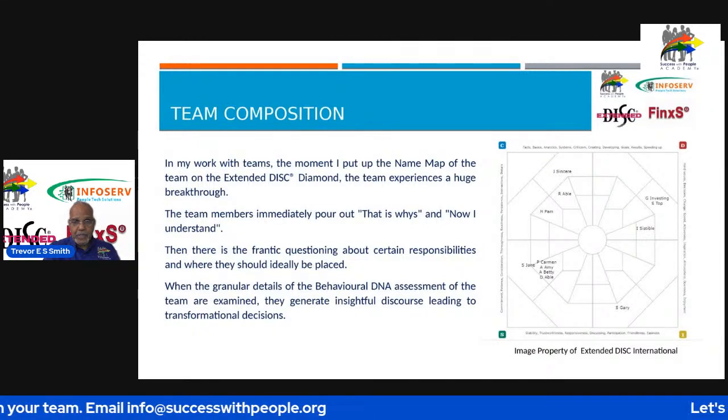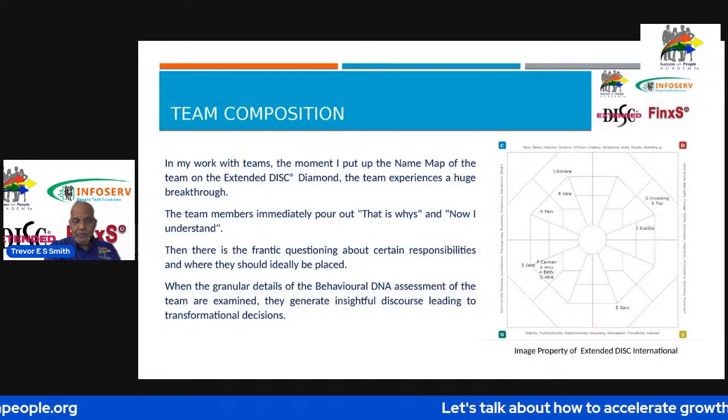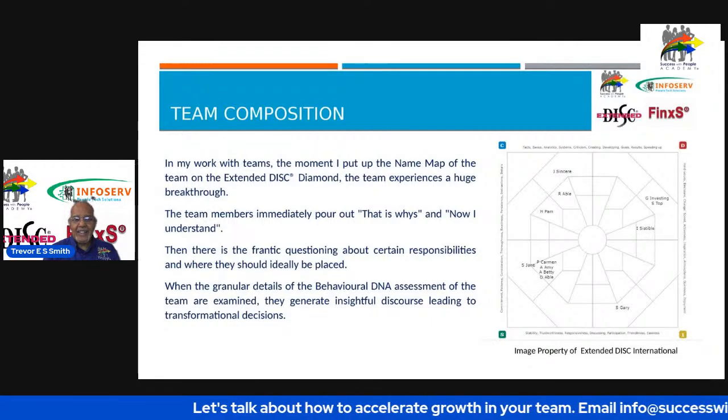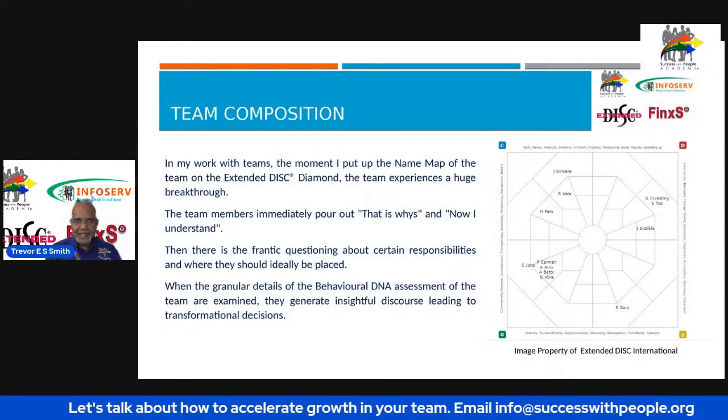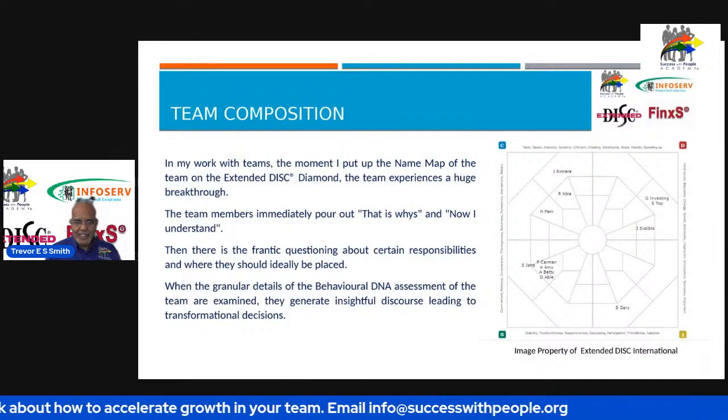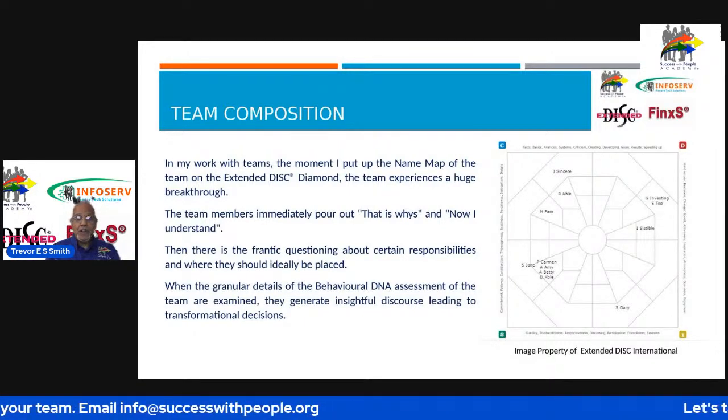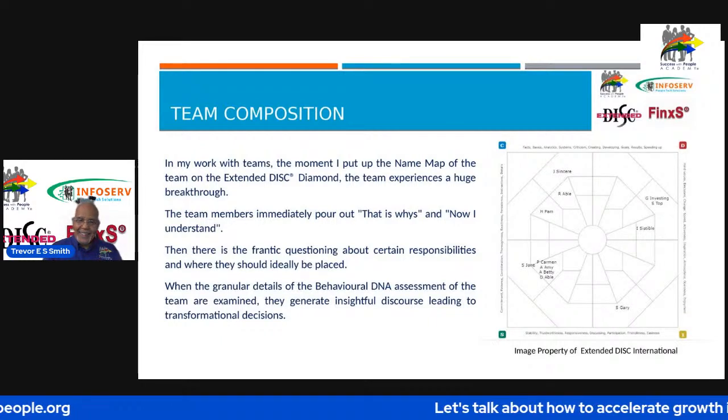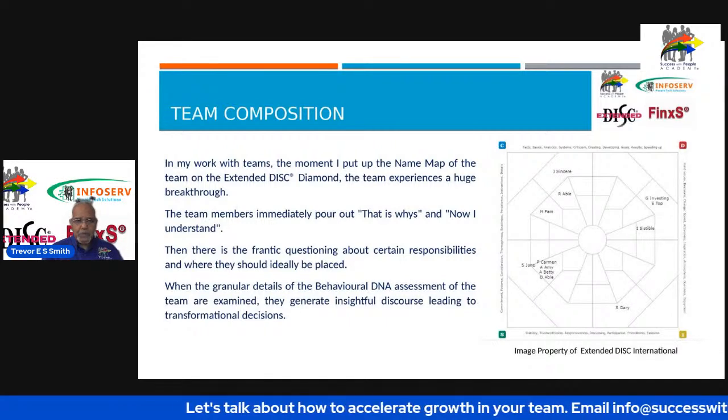So, for example, we have a Gary down here and we have a Sincere up here. When they see them up, they quickly understand, that is why we have so many challenges understanding each other, seeing things from the same perspective.